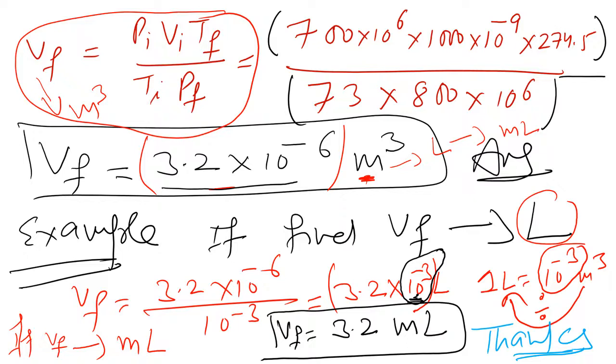So I can write this as 3.2 milli liter. This is the value of the volume in milliliter. This number is coming in liter, and this number is coming in meter cube, this way.